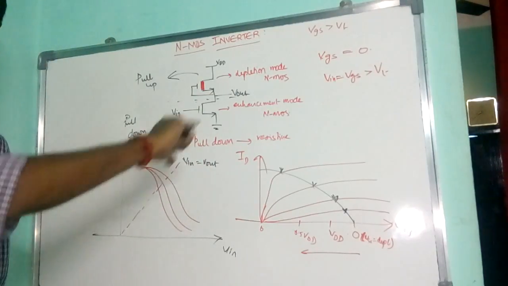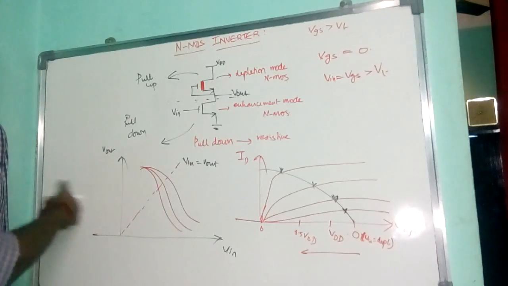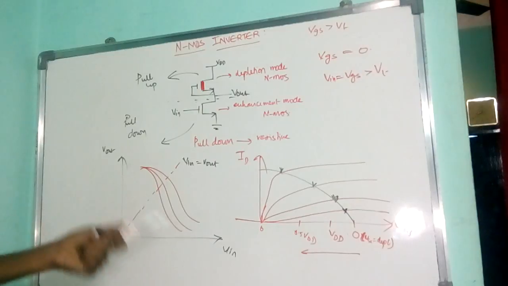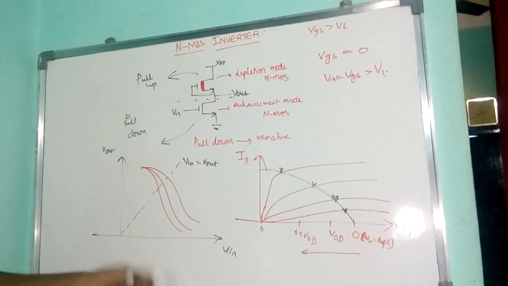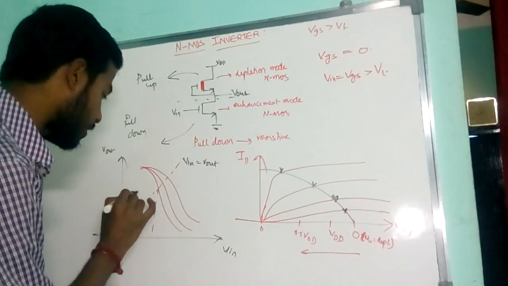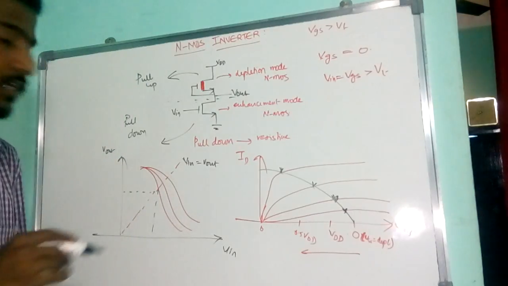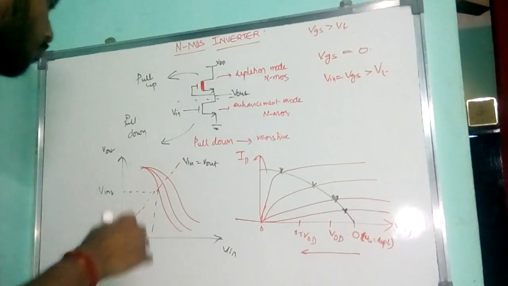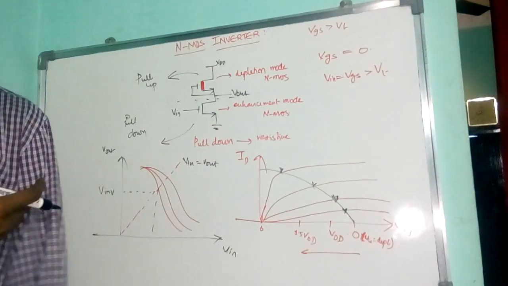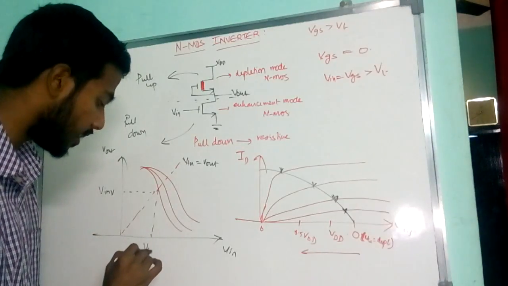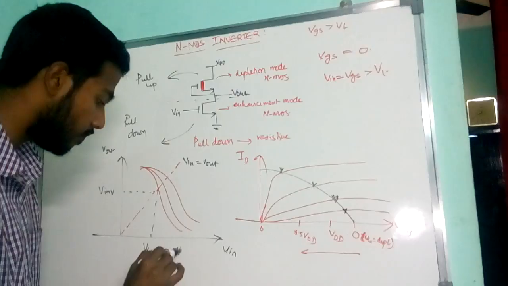This is the line showing Y equals X, the ramp line, that is Vin equals Vout. At this stage we consider the voltage to be VINV, the inverter voltage. It is termed the inverter voltage, and this inverter voltage occurs at 0.5 VDD.